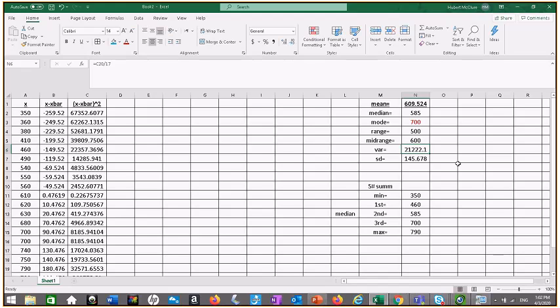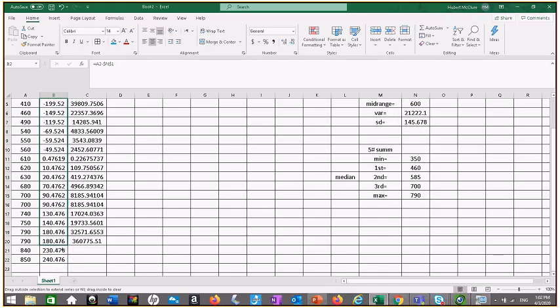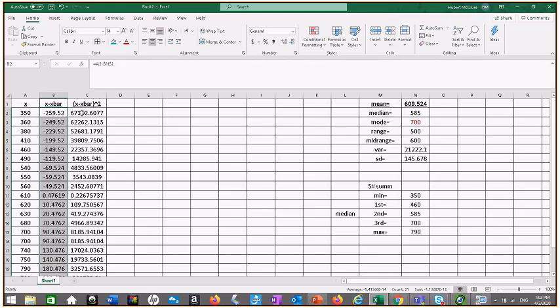All right, now I'm going to change this, equals this number minus the mean, and I'm going to press function F4, enter. I'm going to copy that down. And then I'm going to square that, in which it should square it, but I'm going to check it. Equals this raised to the second power.